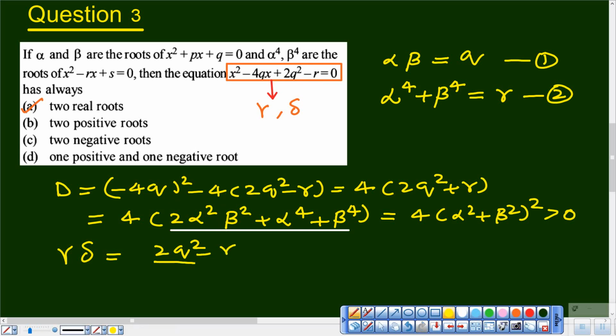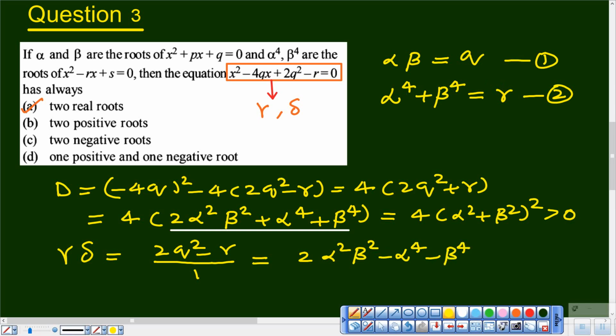It is meaningless to write. Anyway, I write that, which is going to be equal to, q is alpha beta, so 2 alpha square beta square, right? And r is nothing but alpha raised to the power 4 plus beta raised to the power 4, so minus alpha raised to the power 4 minus beta raised to the power 4.